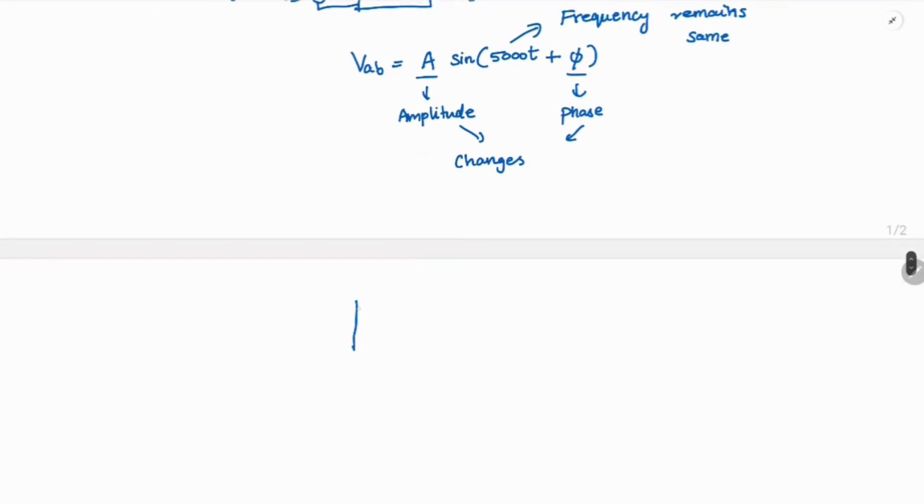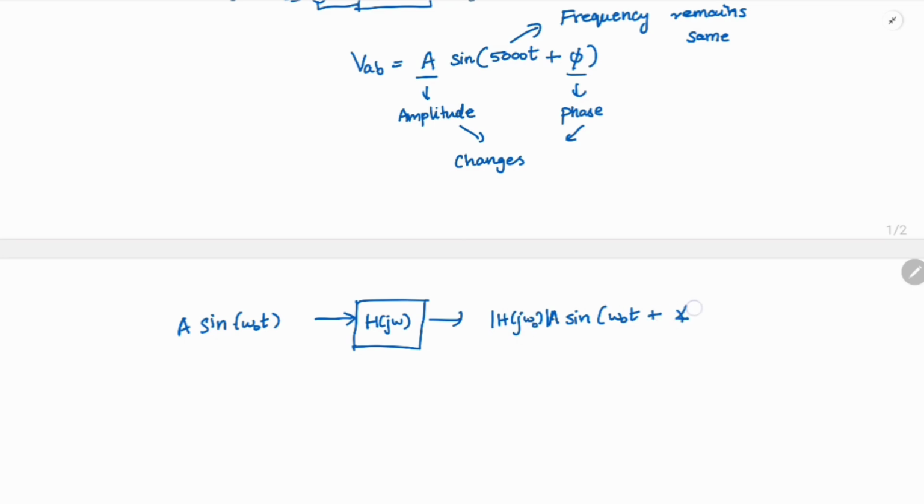This is similar to your signals and systems H of j omega, right? If you give an input of, let's say, sine of omega naught t, then your output will be mod H of j omega naught times sine of omega naught t plus angle of H of j omega naught.